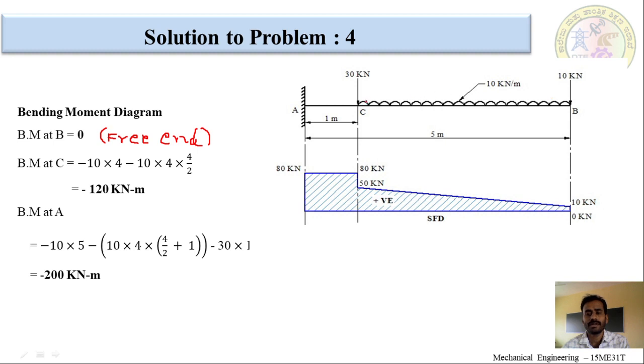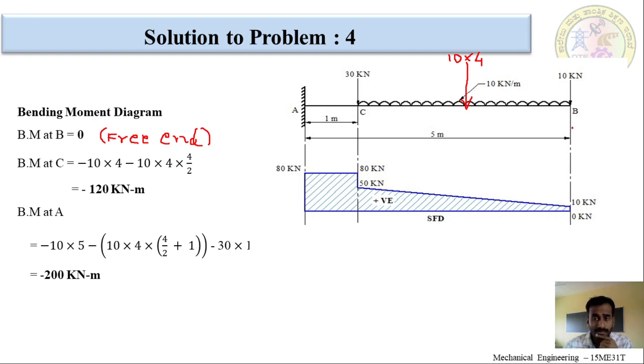So, to solve the UDL, again we have to replace it with the equivalent point load, that is 10 into 4, which is equal to 40. Okay.